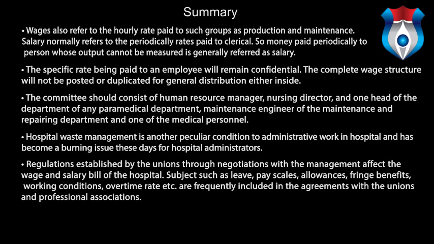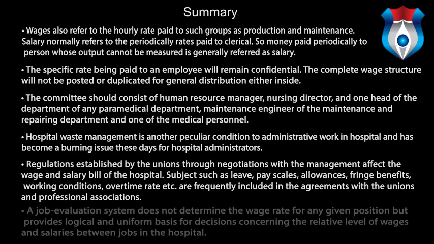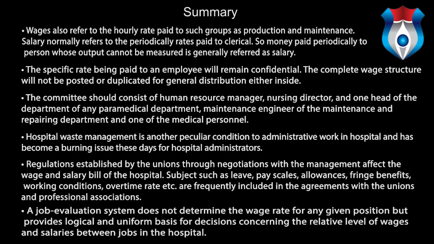Subjects such as leave, pay scales, allowances, fringe benefits, working conditions, overtime rate, etc. are frequently included in the agreements with the unions and professional associations. A job evaluation system does not determine the wage rate for any given position, but provides a logical and uniform basis for decisions concerning the relative level of wages and salaries between jobs in the hospital.